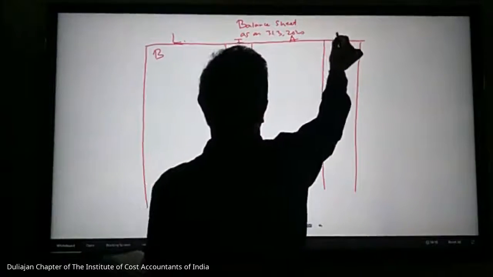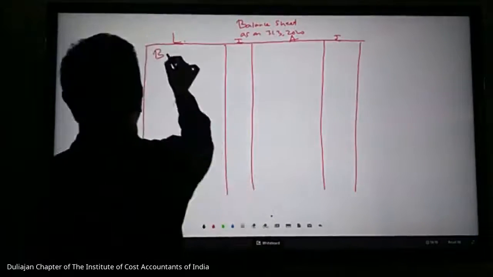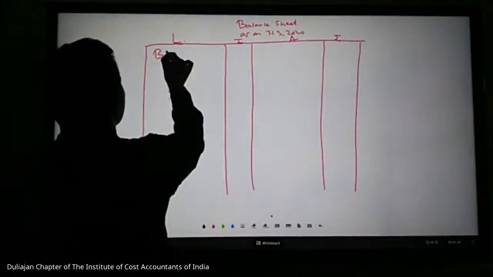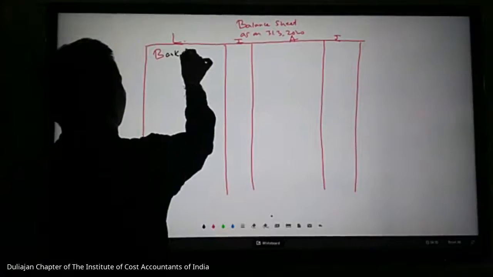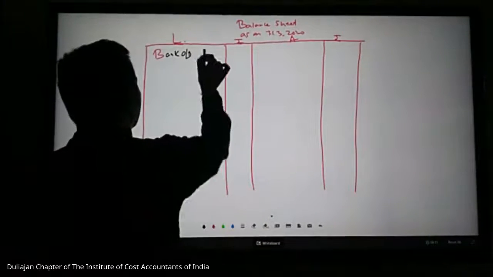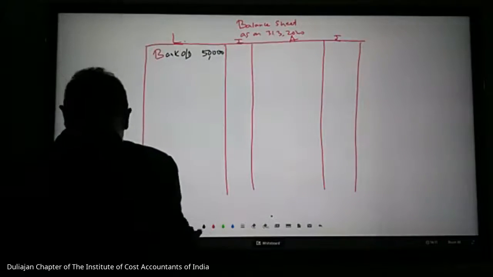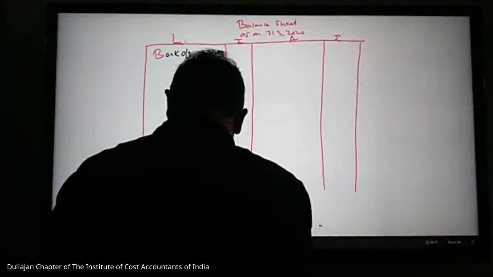In the inner column you write 50,000, the given figure in the credit side of the trial balance.